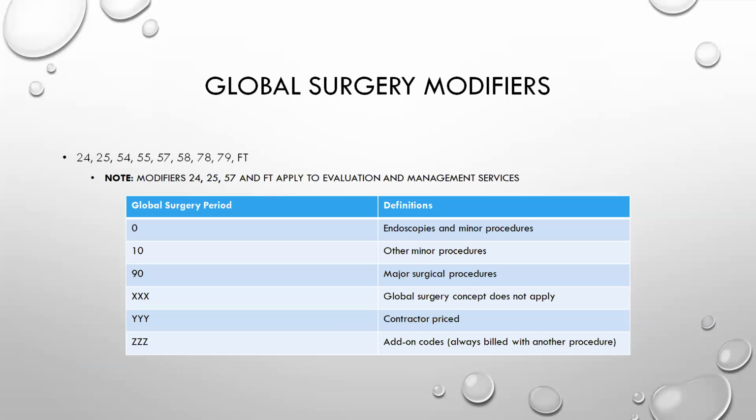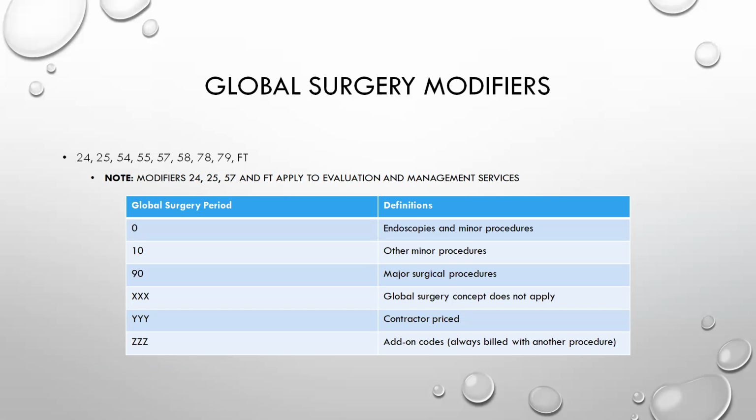So let's start off with global surgery modifiers. These are going to encompass your 24, 25, 54, 55, 57, 58, 78, 79, and your FT modifier. These are the modifiers you're going to use either on an evaluation and management service, which applies to your 24 or 25, or on surgical procedure information for 54 or your follow-up information.